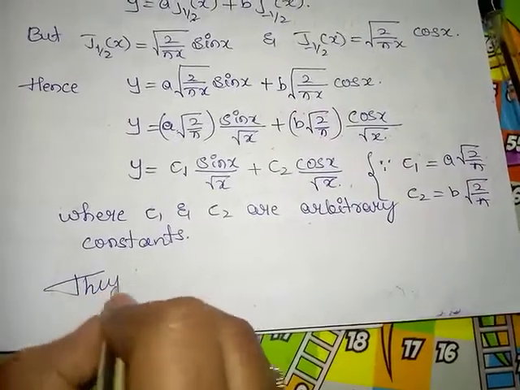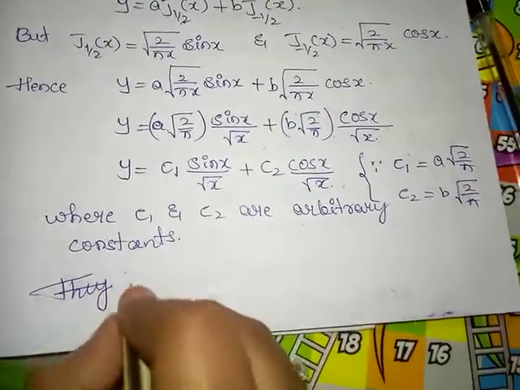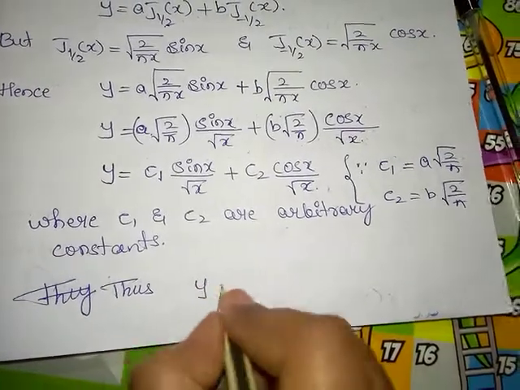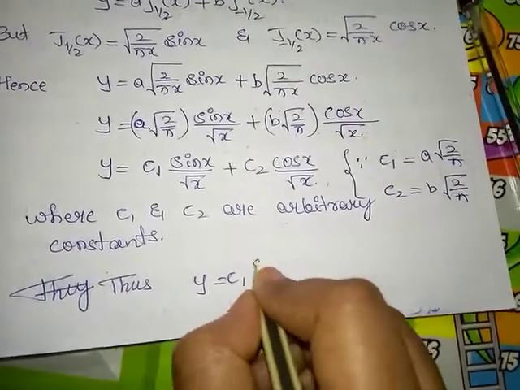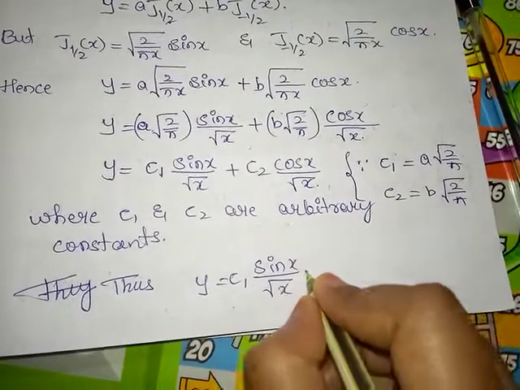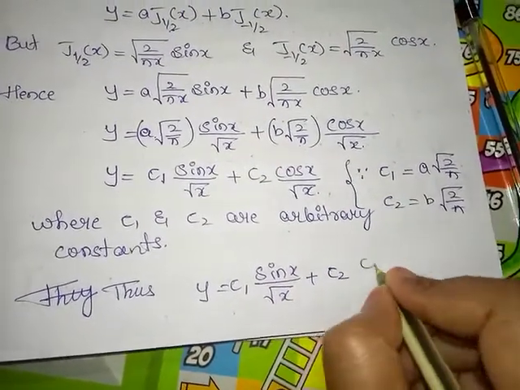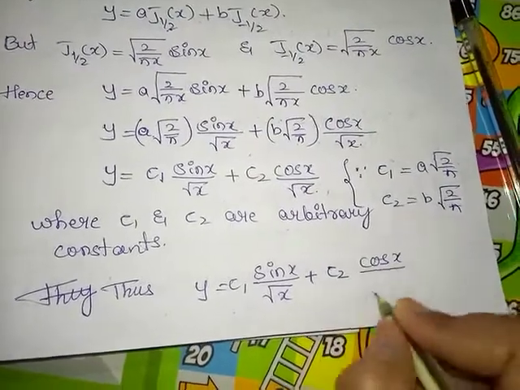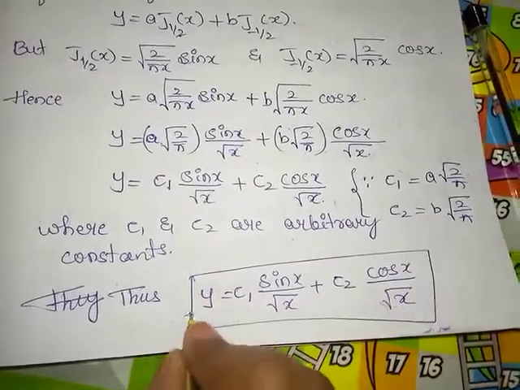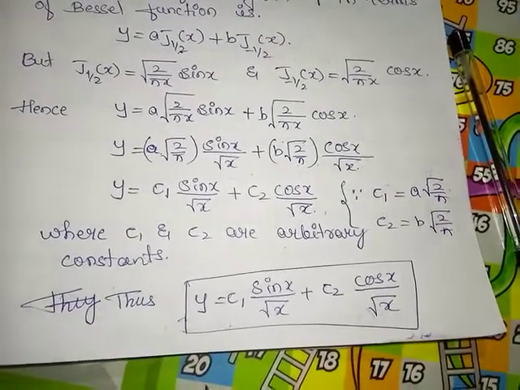Thus y = c1 sin x divided by root x plus c2 cos x divided by root x, which is our required solution.